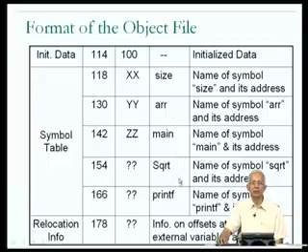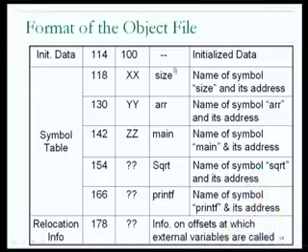I was also referring to a function called sqrt and a function called printf. So all of these are the symbols or identifiers of the program. So the symbol table contains one entry for each of those symbols. And finally, there is the relocation information, which contains information on the offsets at which external variables are called. So this clearly is some information which is going to be very important for some later step of GCC.